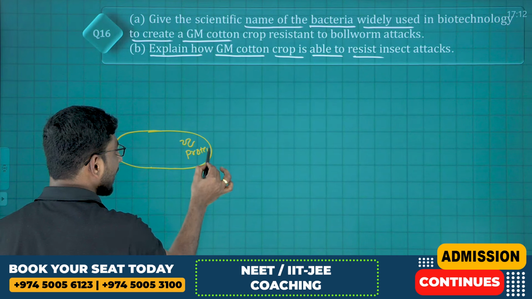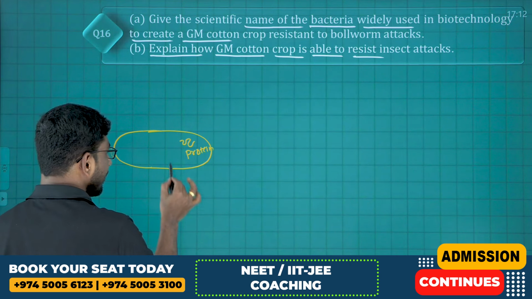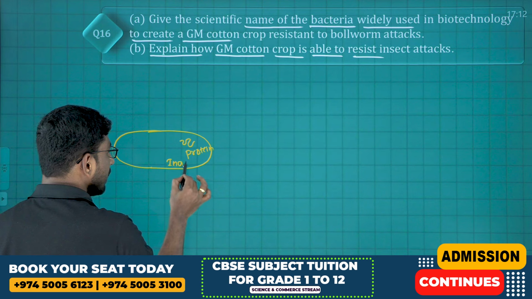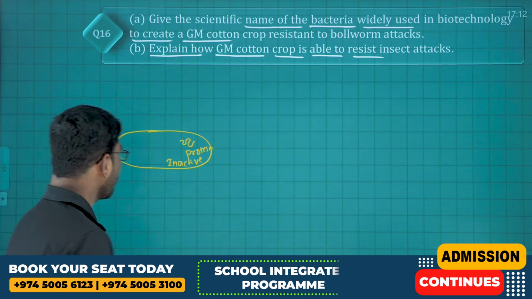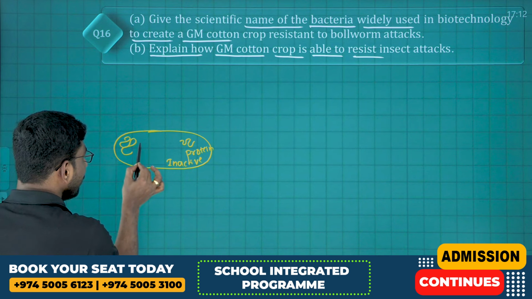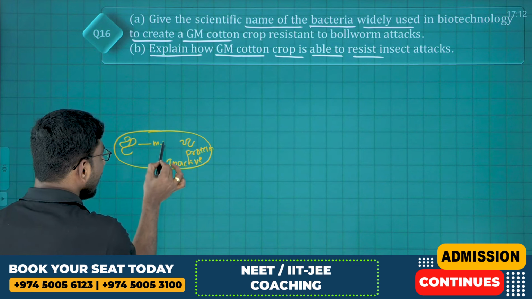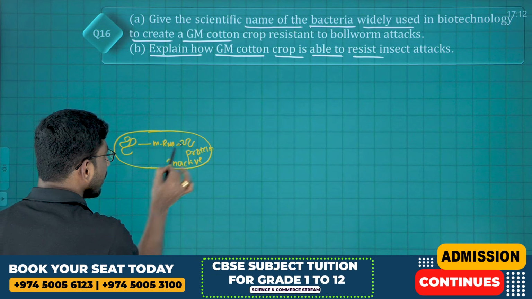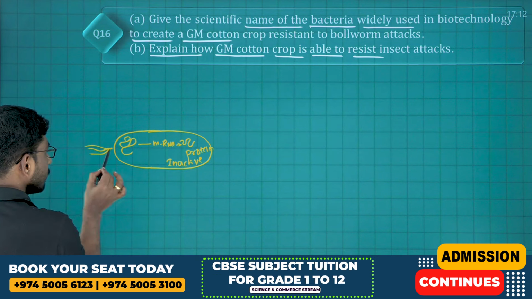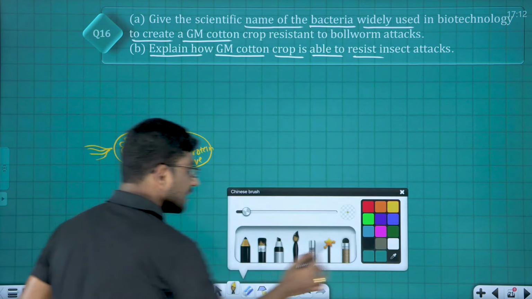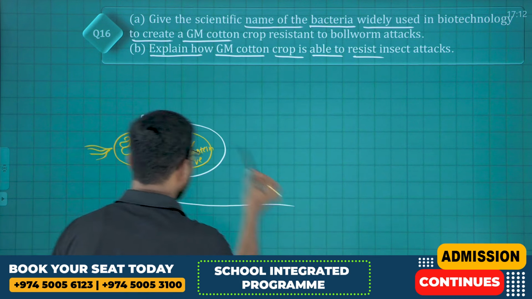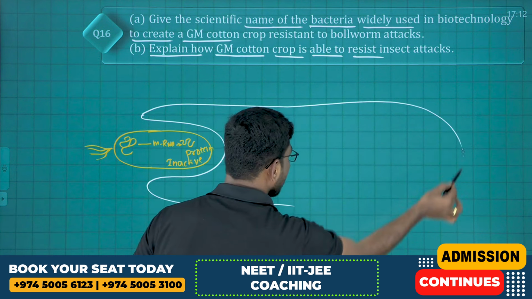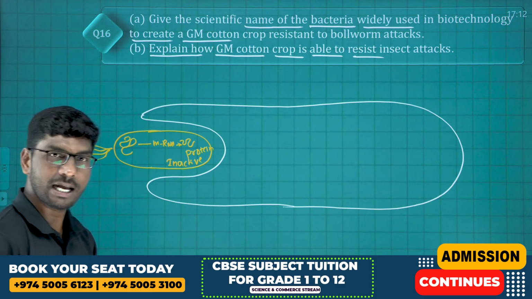In the form of active or inactive? It is inactive. Inactive toxin protein, and this is the DNA, and this will make mRNA, mRNA to protein. Yes or no? This is Bacillus thuringiensis. If an insect or caterpillar comes and engulfs it, right?